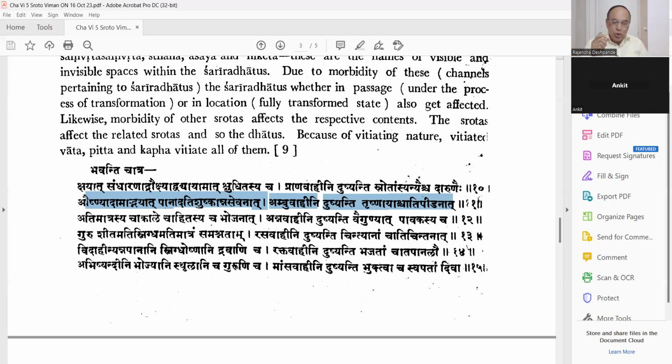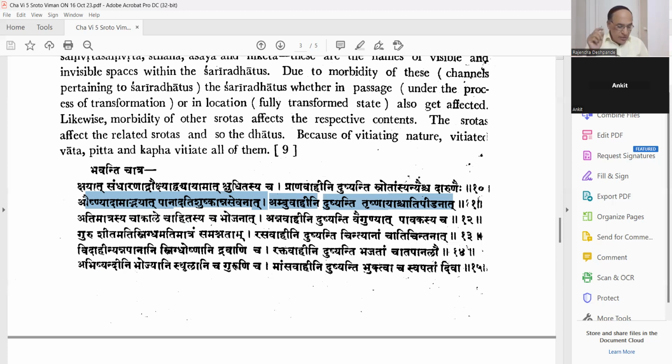Next, atishushkanna sevanat. Shushk is dry. If you are eating your lunch and dinner and anything without any liquid accompaniment, without drinking water, without drinking fruit juices, without drinking buttermilk, so no beverages, no curry, no water.